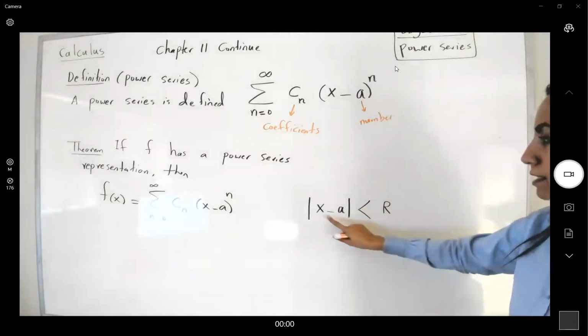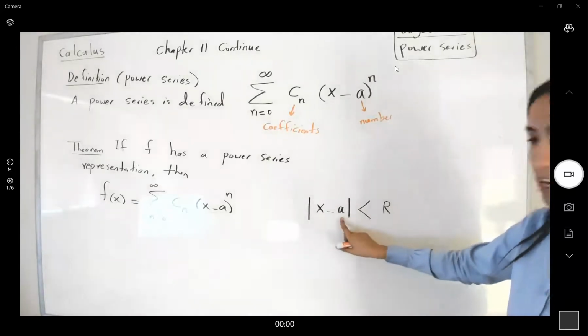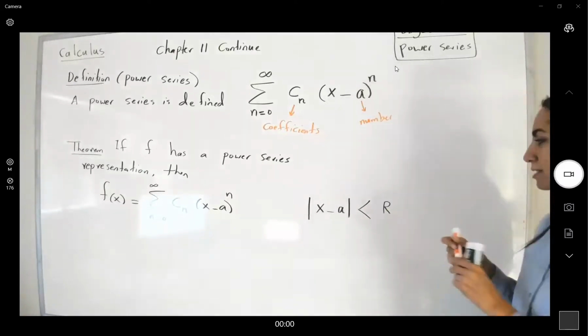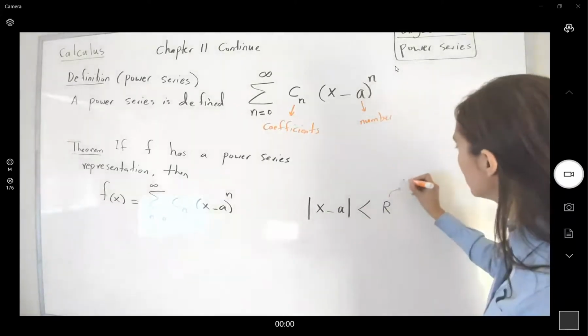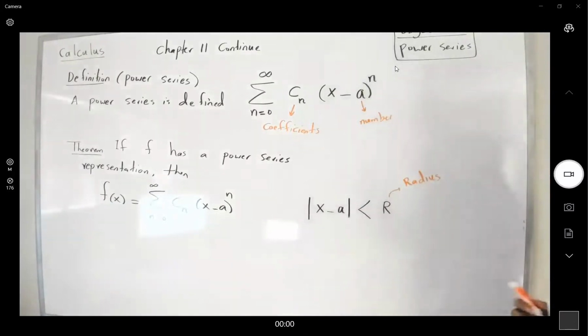So the distance between points and a, the center, is less than the radius. This is the radius of your power series.